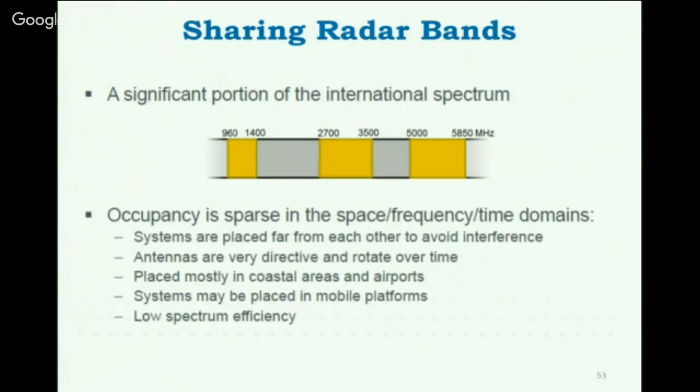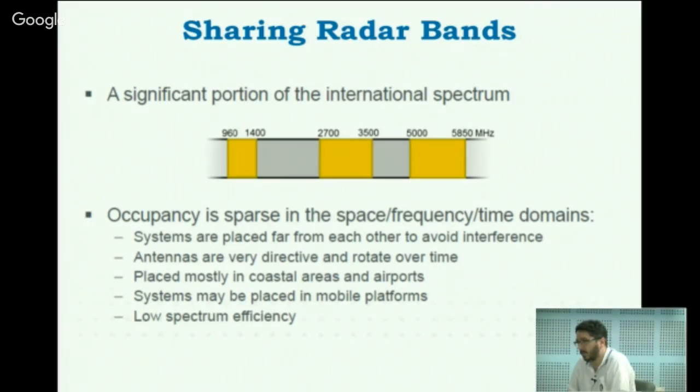That's the main deal for them: they want the spectrum to do their stuff. So again, with a grain of salt, the main message is that there is a lot of band which is not efficiently used by radar, and that's what we want to target when we want to share the spectrum with mobile broadband.